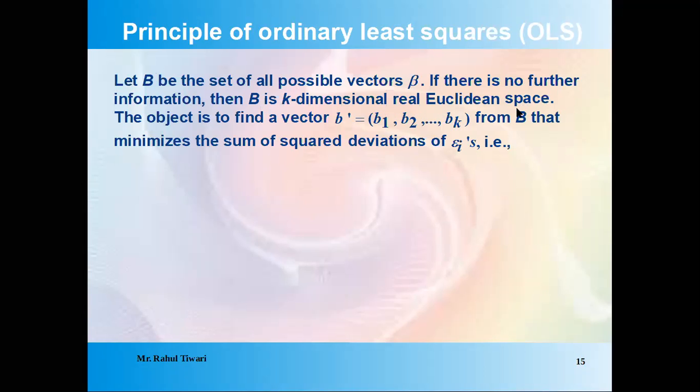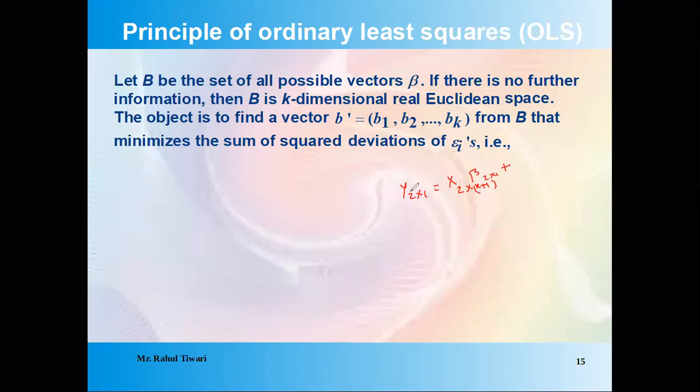Now, what is this real Euclidean space? See, whenever we're talking about order of 2, if I'm saying order of 2, it is y, 2 cross 1, x, 2 into k plus 1, into beta, k plus 1 into 1, plus epsilon.